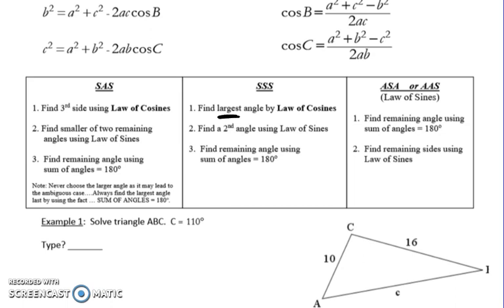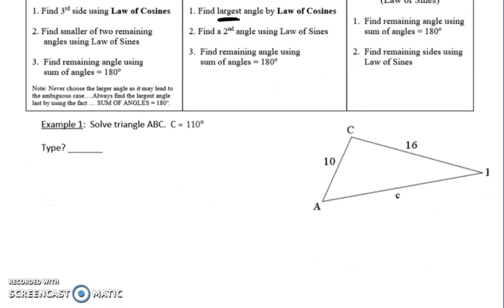So our first example, we're given that C is 110 degrees. So now we know two sides and the angle in between them. So that is side-angle-side.